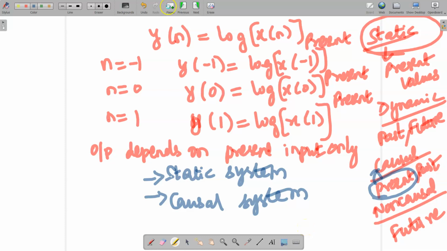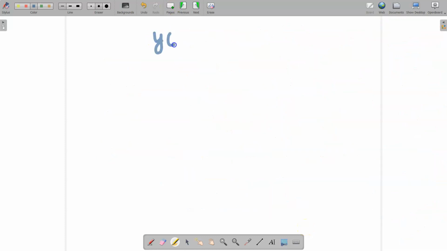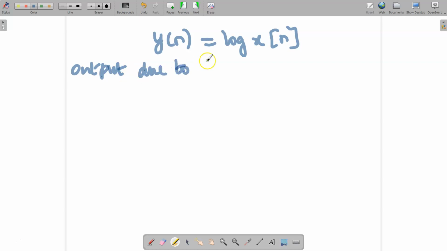The next classification: we need to find out whether it is time invariant or time variant. For that, we need to delay the input by k seconds. The first step is to find the output due to input delayed by k seconds.